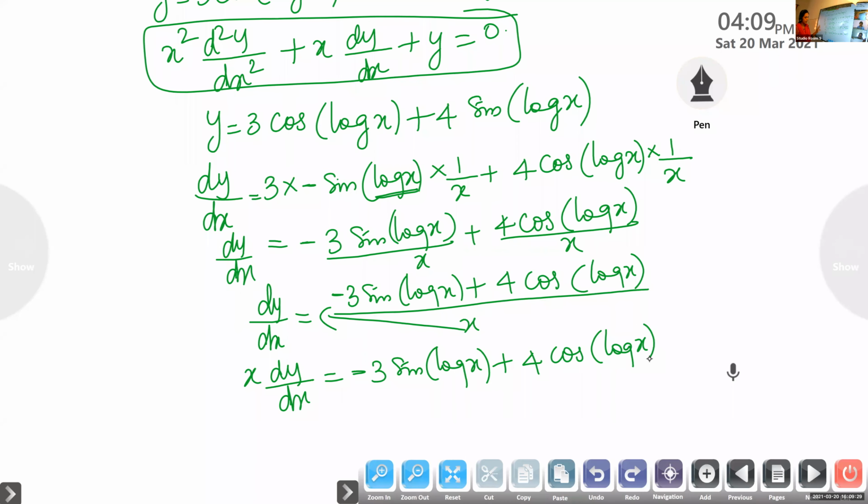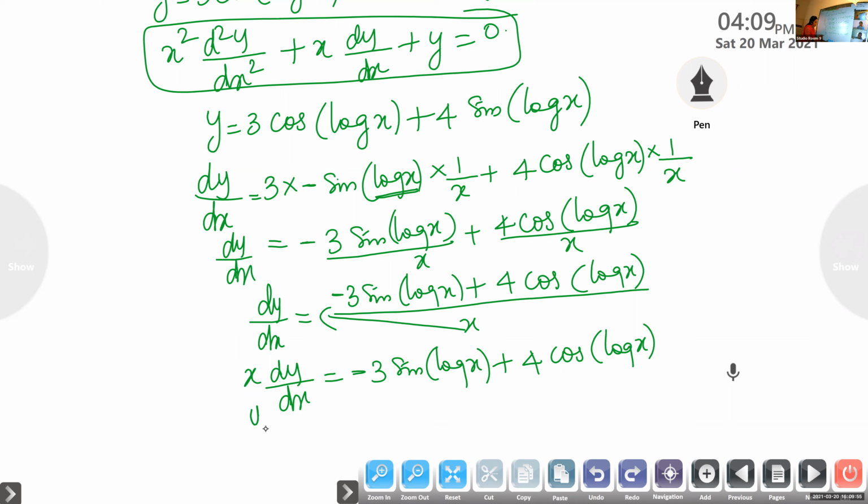So we can avoid the quotient rule and we can use the product rule. x into dy by dx. We can use the product rule. What is the product rule? uv the whole dash is u into v dash plus u dash into v. Okay, here we are going to use the product rule.